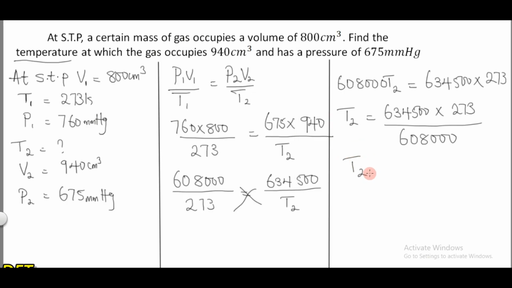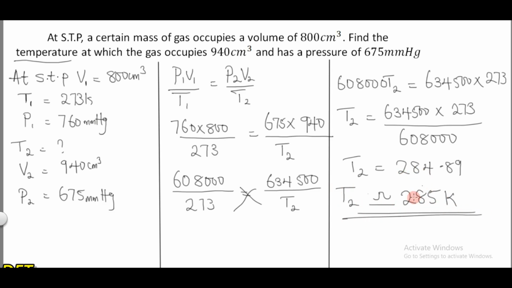So my T2 is equal to 284.89, which is approximately 285 Kelvin. This is my answer to this question. The major thing here is just to be able to fix out your parameters and to apply the general gas equation. You must always remember this equation: P1 V1 over T1 is equal to P2 V2 over T2.